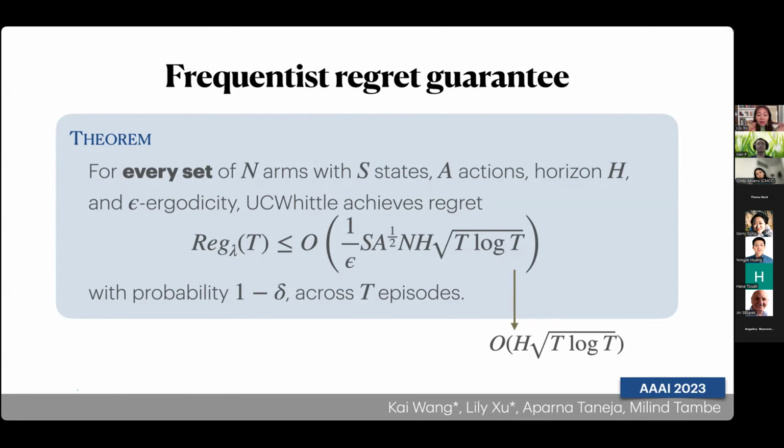And by focusing on the time horizon and number of episodes, which are, again, the dominating parameters, our approach achieves the following regret bound of O of H root T log T, which is a frequentist regret bound that provides this guarantee for every possible instantiation of this problem setting, where the reward and uncertainty can fall across a very large range with no assumptions over exactly what the uncertainty would look like.